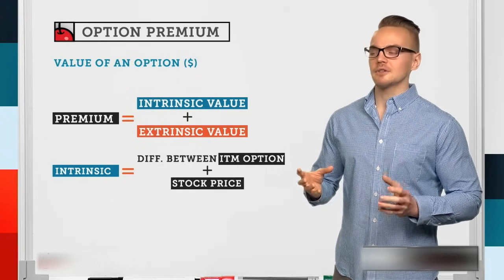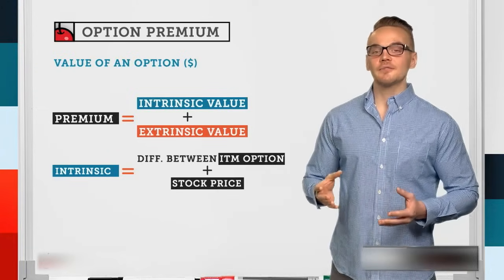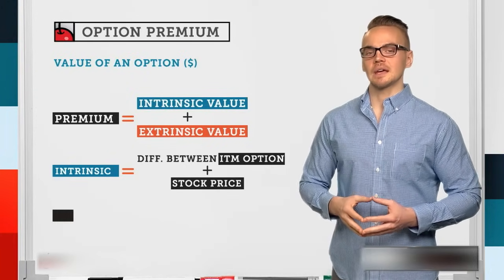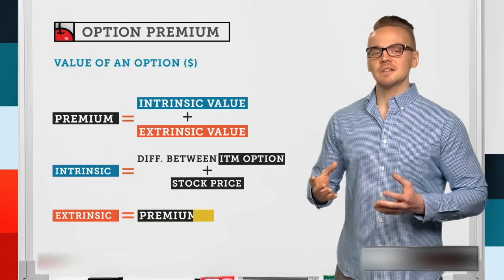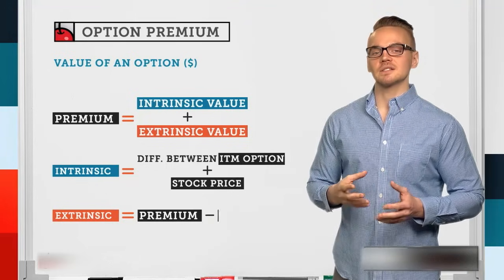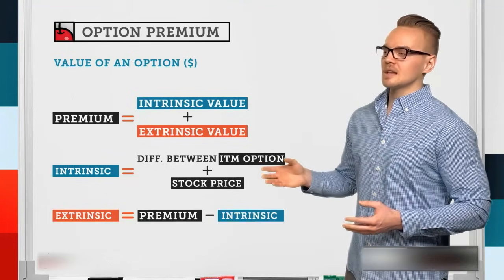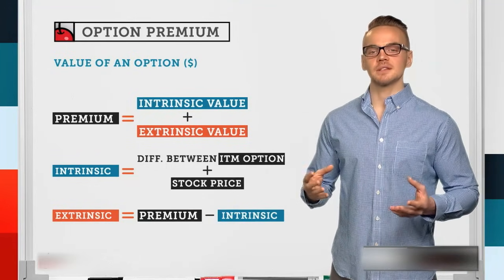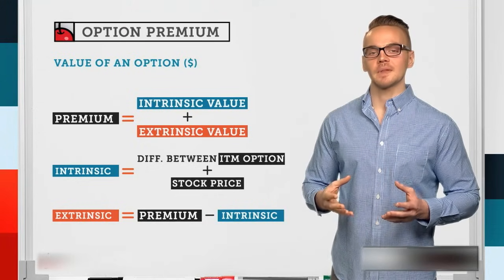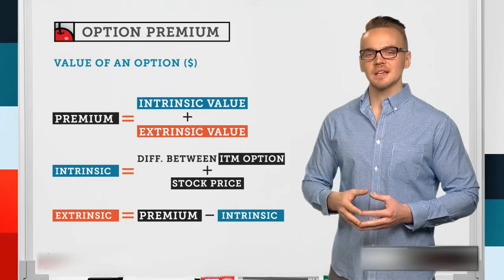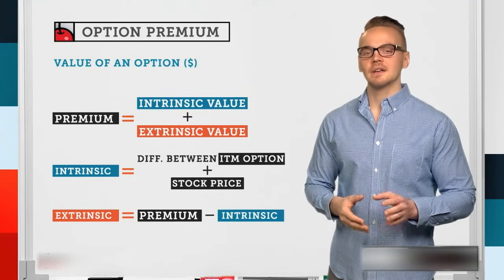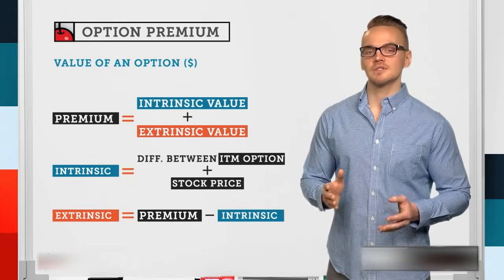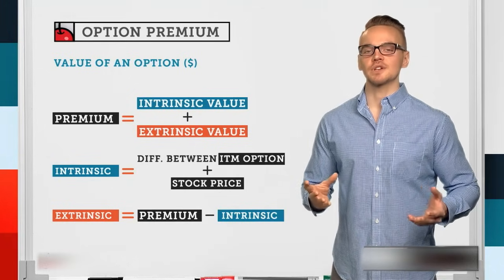If we know how to calculate intrinsic value, we can definitely calculate extrinsic value. Extrinsic value is made up of time and volatility value, but we can calculate it by taking the total premium and subtracting the intrinsic value. In that same example, say I have a call option at 95, the stock price is at 100, and there are still 15 days left until expiration.